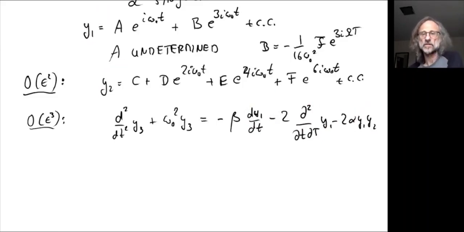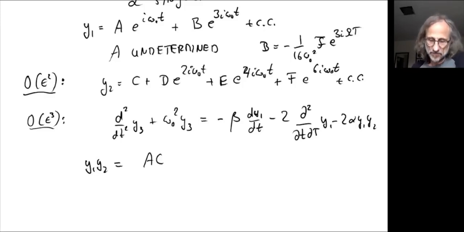There we also get a whole bunch of different solvability condition contributions. So y1 y2 has terms. Let's see, what do we get? For instance, A times C will have the right frequency. Then B times D star would also have the same frequency, E times D star.